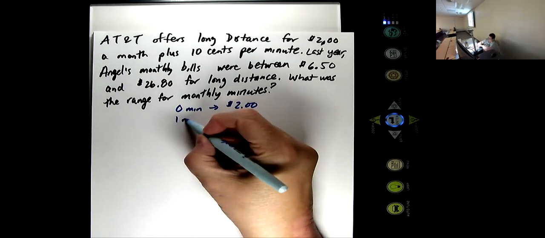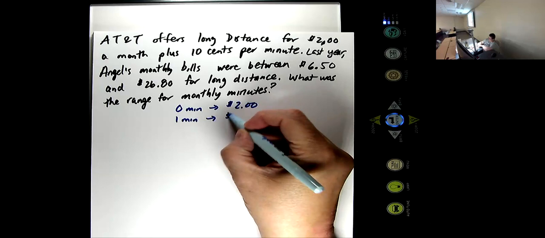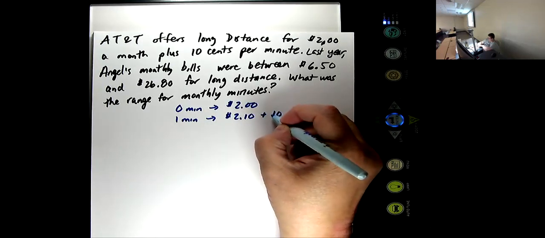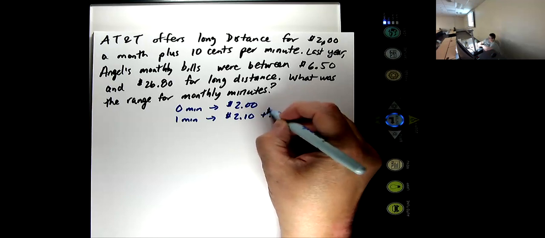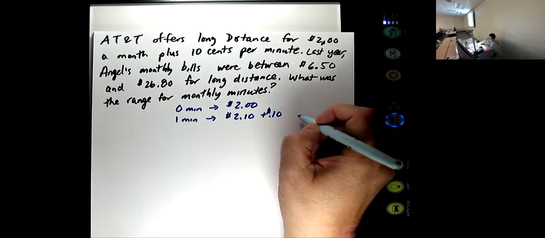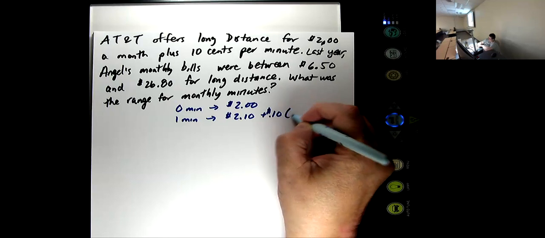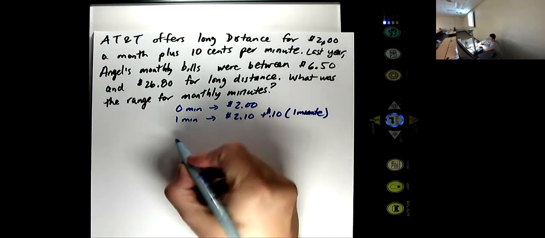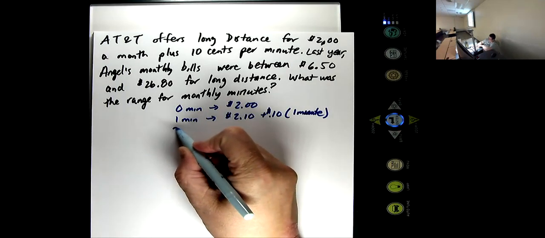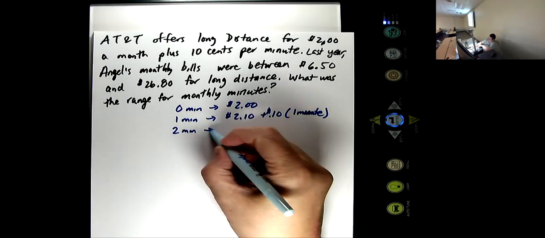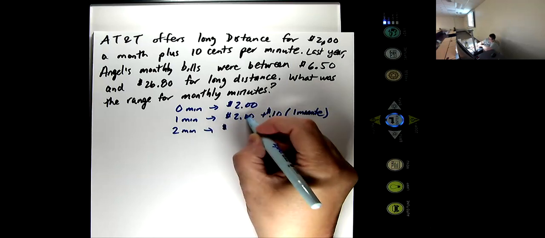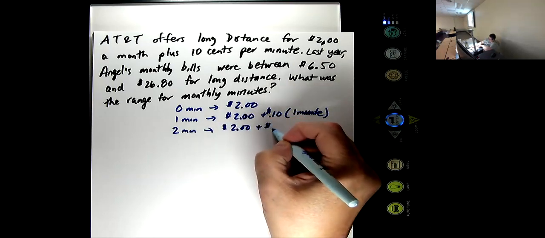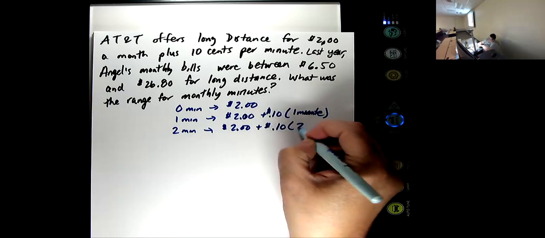She does 1 minute, she pays $2 plus 10 cents, so I'll treat it as dollar signs, $0.1 times that 1 minute. If she does 2 minutes, it's $2 plus 10 cents times the 2 minutes.